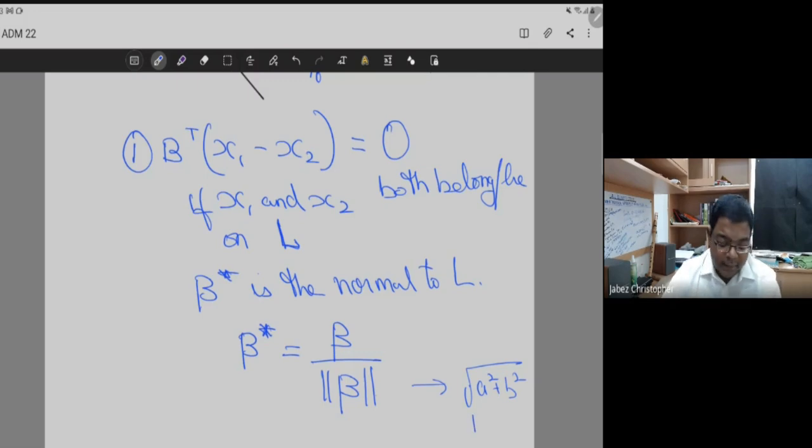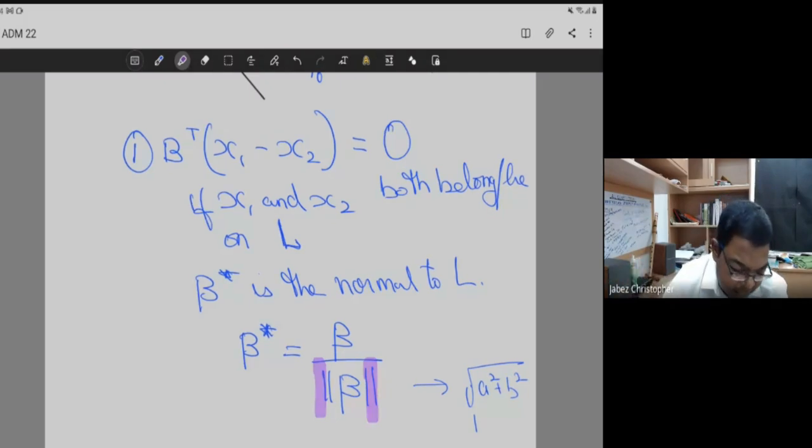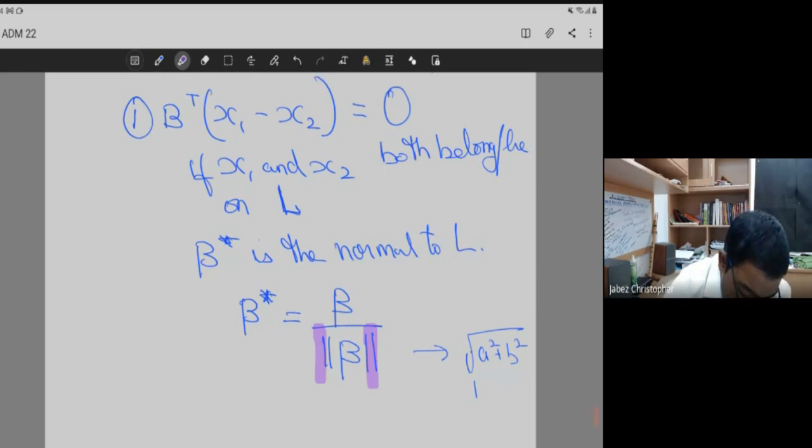Have you seen this symbol? What is this called? Double line. This is called the L2 norm, or the general Euclidean distance. That is what is represented by this.